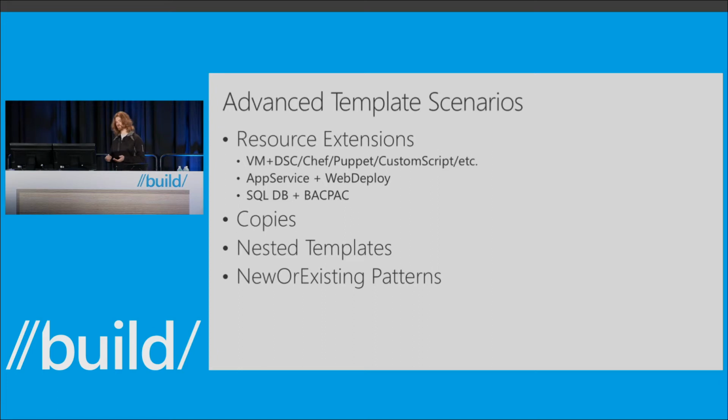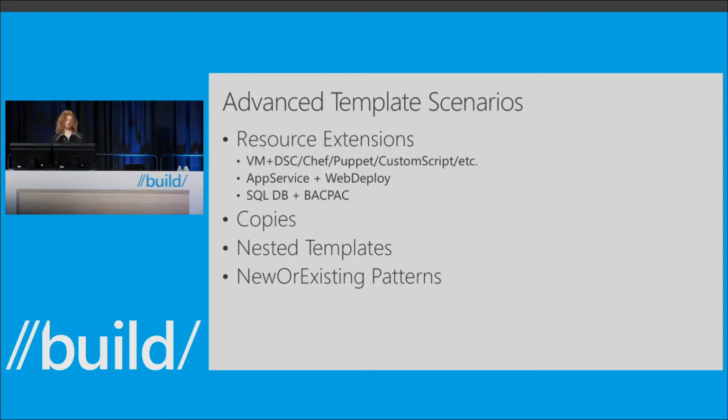So number one is we support what we call resource extensions. This is actually something that's very, very important about ARM and is a differentiator when we look at the various other declarative deployment and orchestration systems in the market. Many of these other systems, they focus either exclusively on the topology of the application, or they focus exclusively on the code that is operating inside of the various resources.